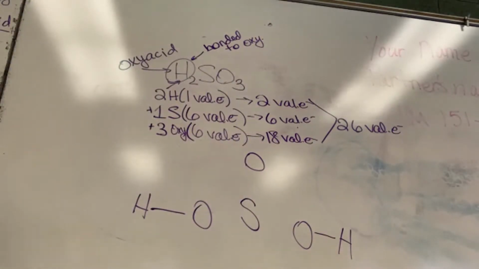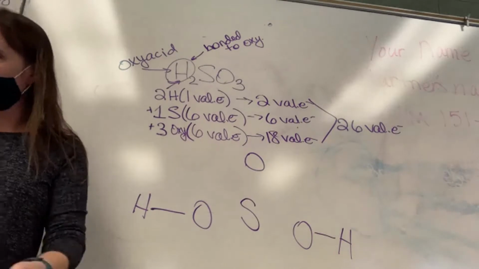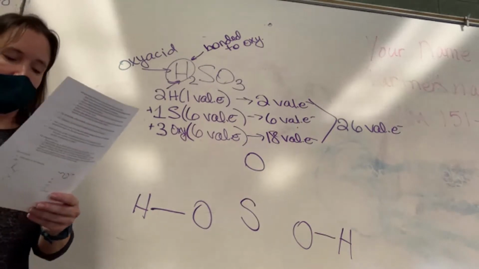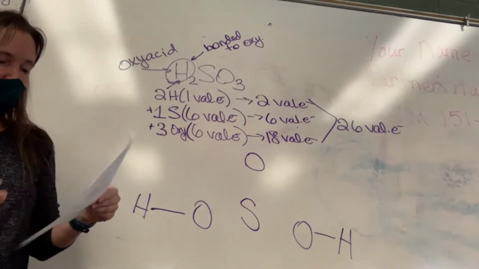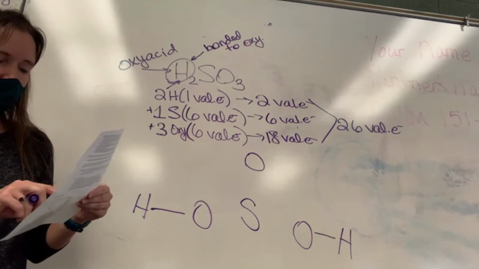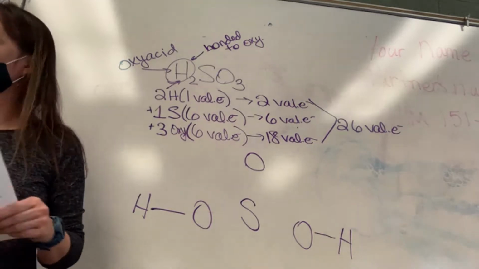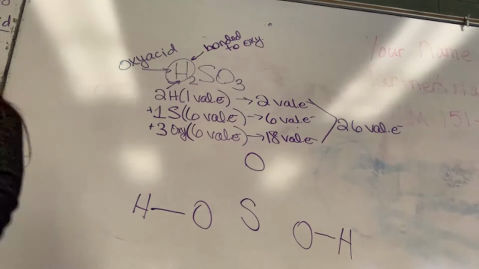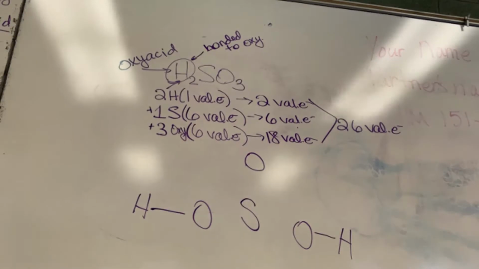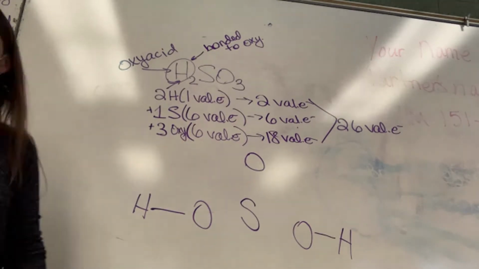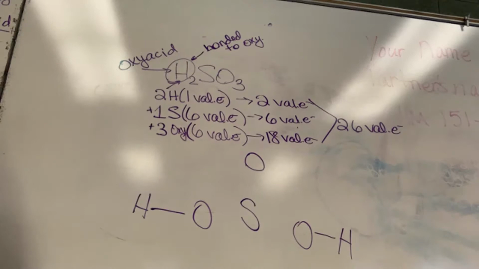Then you go to the oxygens because those are outer atoms. Okay. So you find oxygen in the table, and it says that oxygen needs 2 bonds and 4 dots. You're going to do each oxygen completely before you move on to the next. So which oxygen do you want to do first? One by itself, or one of the ones with the hydrogen?